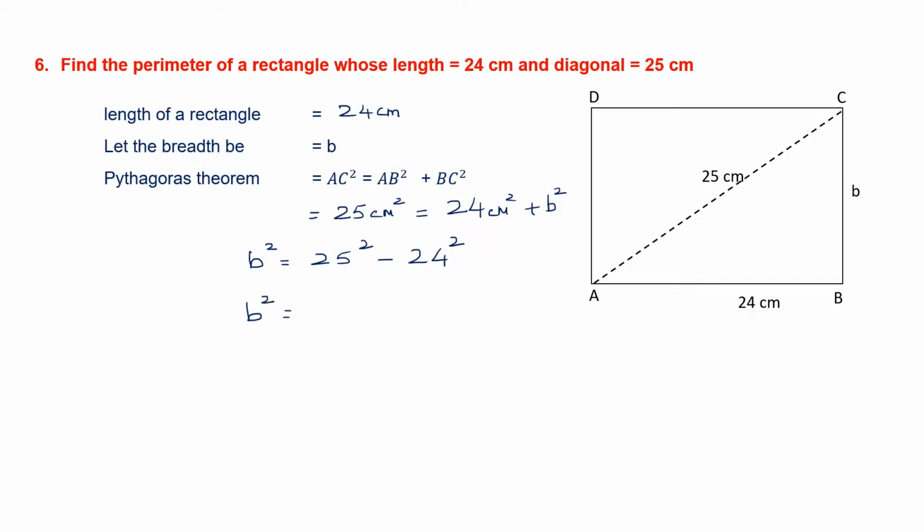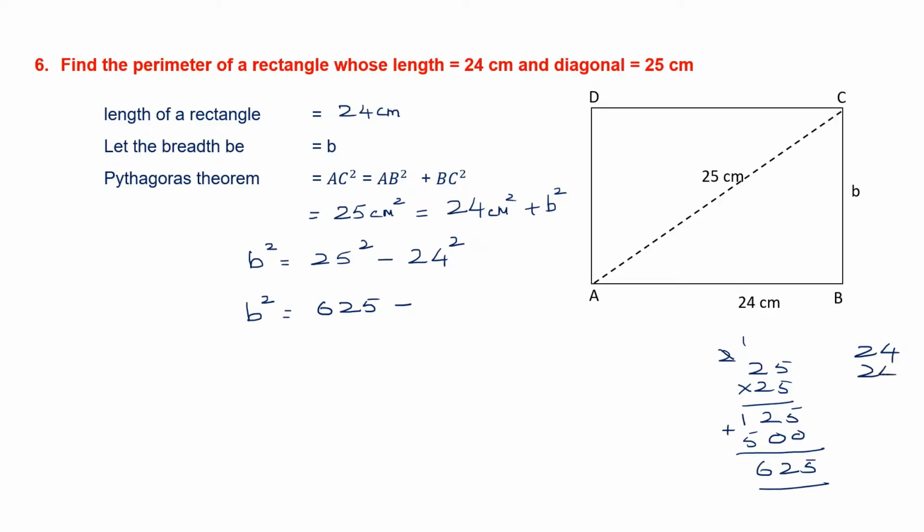So let's write B square there. 25 square means 25 into 25. So let's quickly multiply. 5 5s are 25, carry 2. 5 2s are 10, 11, 12. Second step, 2 5s are 10, carry 1. 2 2s are 4 plus 1, 5. So here we have 625 minus 24 square.